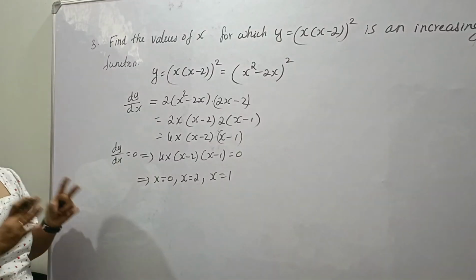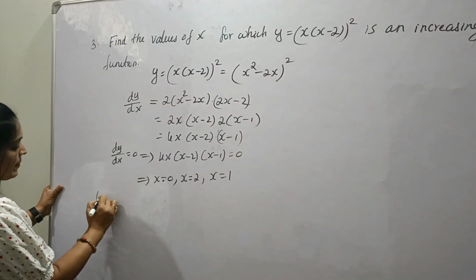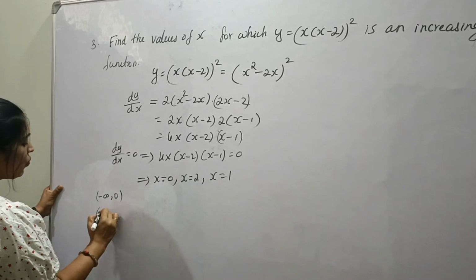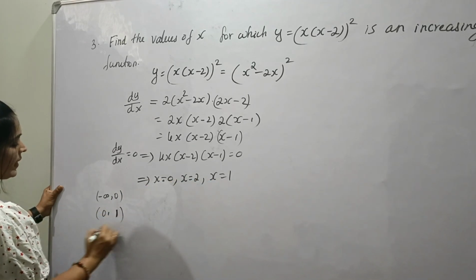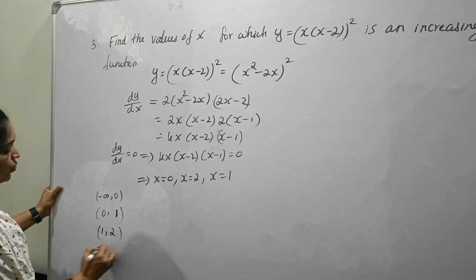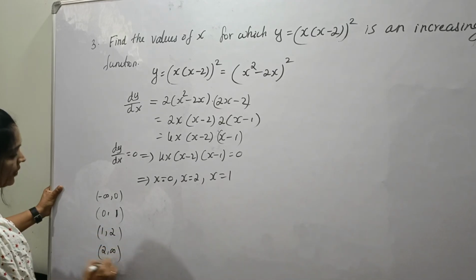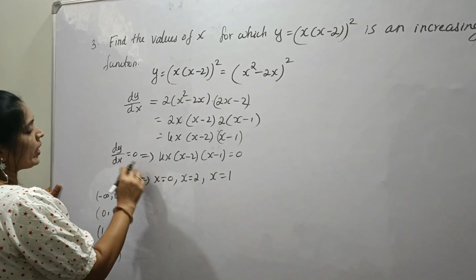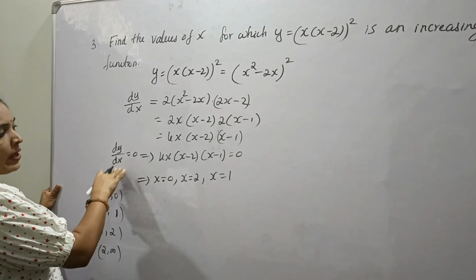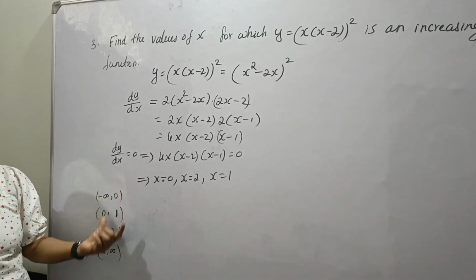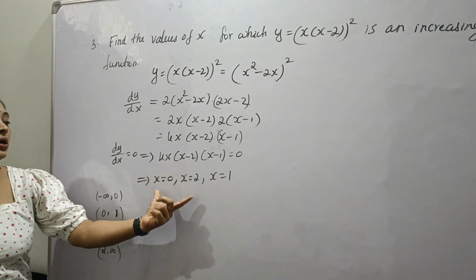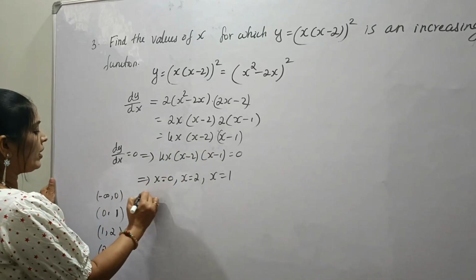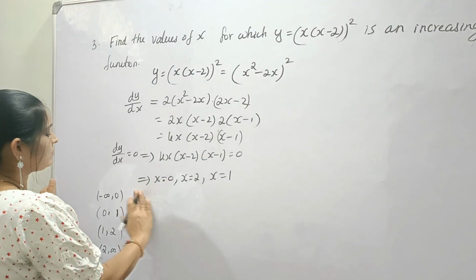Now let's make the intervals. First is minus infinity to 0, then 0 to 1, then 1 to 2, then 2 to infinity. Next, the sign of f'(x), that is dy/dx, because here we are putting the interval values to x values in dy/dx.